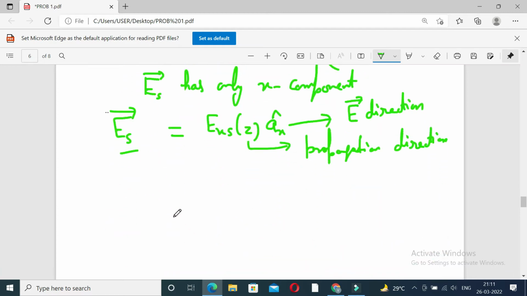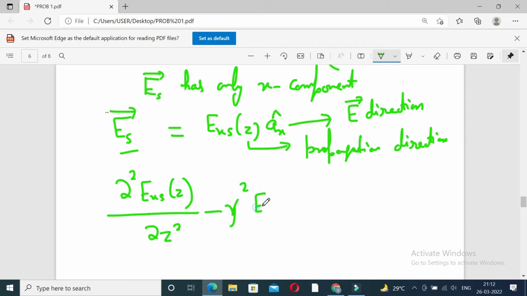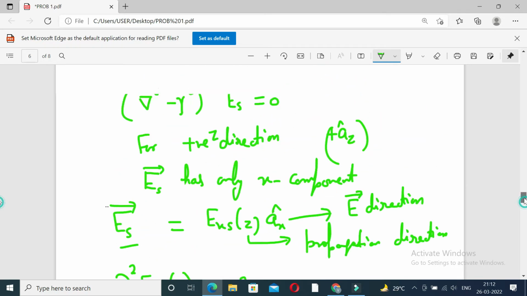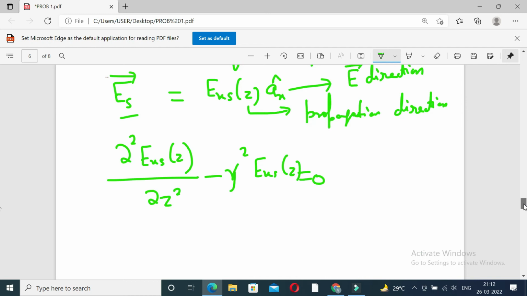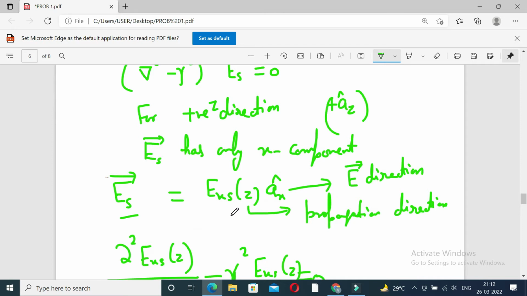Now we can write del square Exs z upon del z square minus gamma square Exs z is equal to 0. Here del square is differentiated only in the direction of z, because here the propagation direction is z.